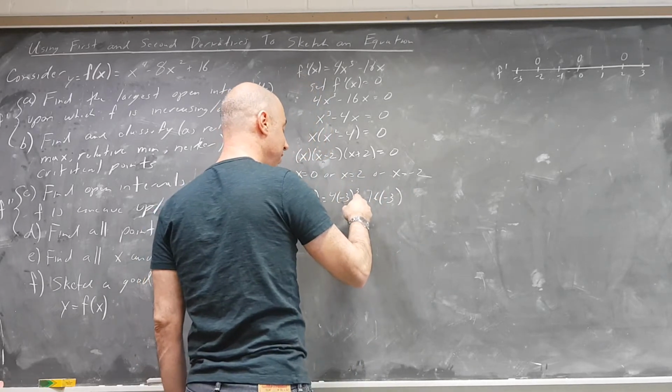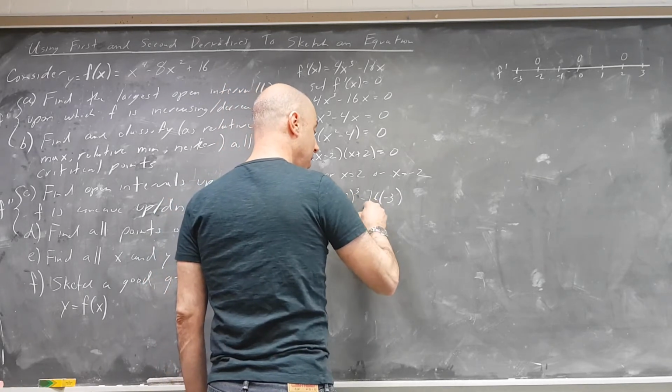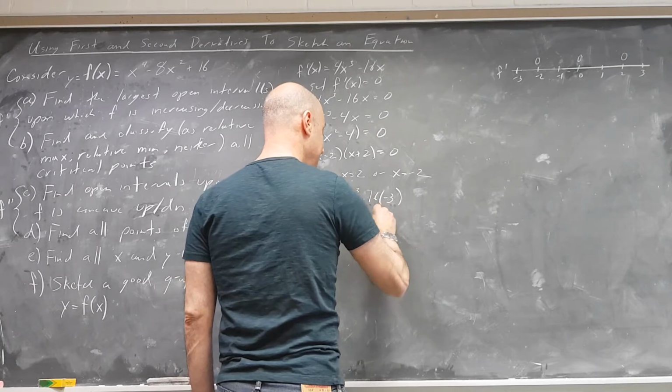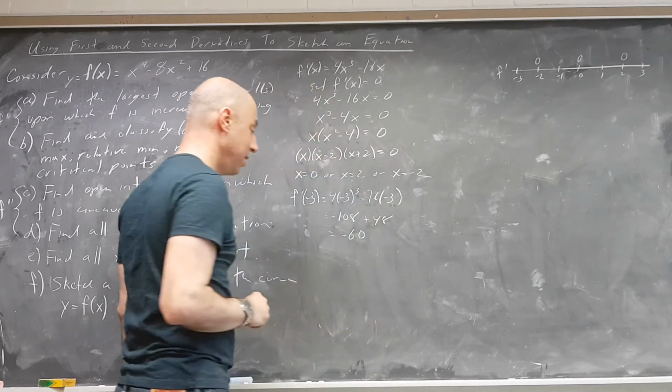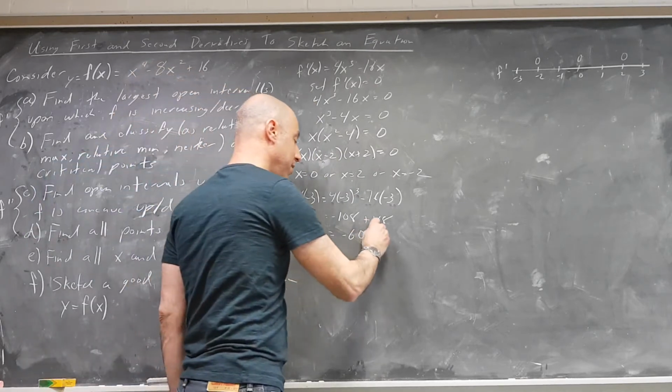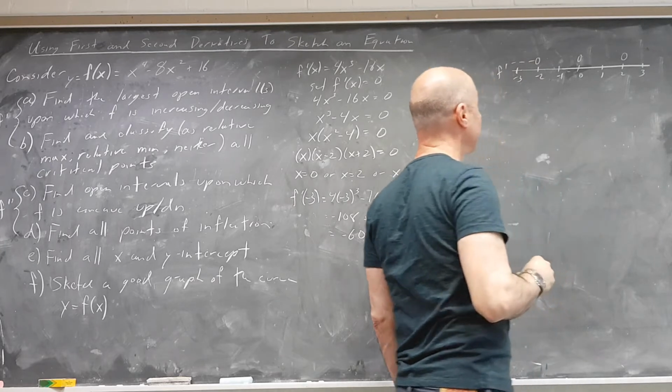Minus 3 cubed is negative 27, times 4 is negative 108, plus 48, which is what, negative 60? Certainly negative. So it's negative everywhere over here.